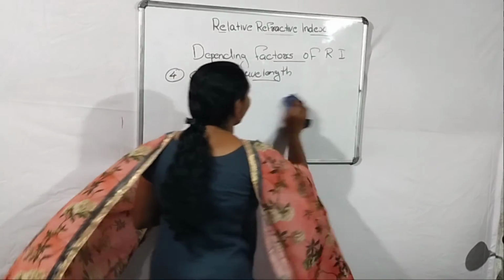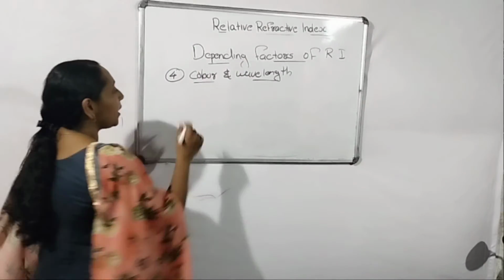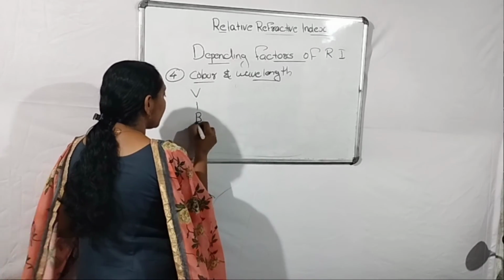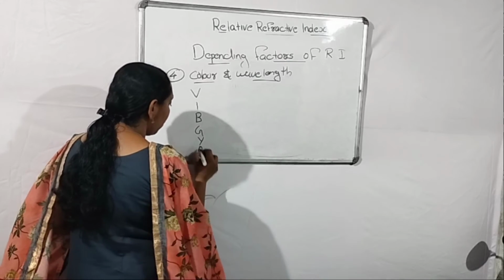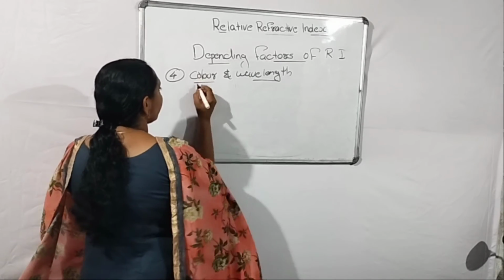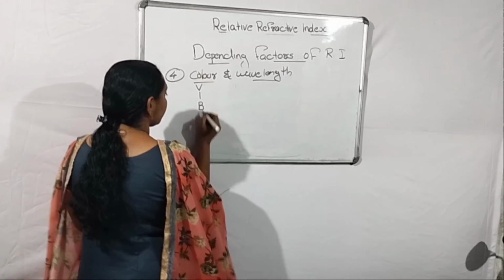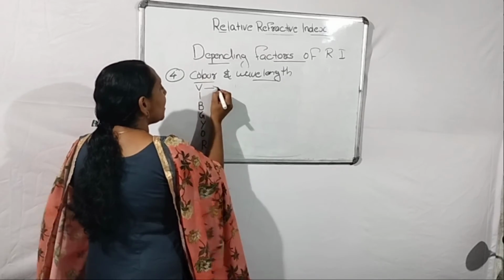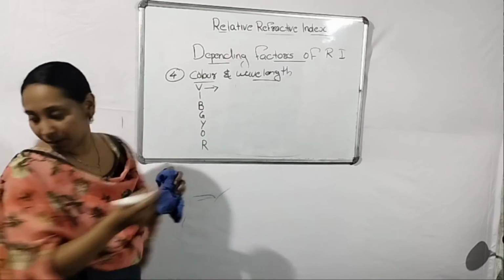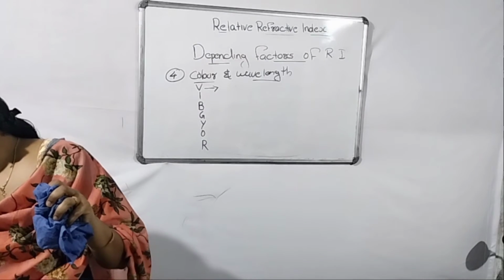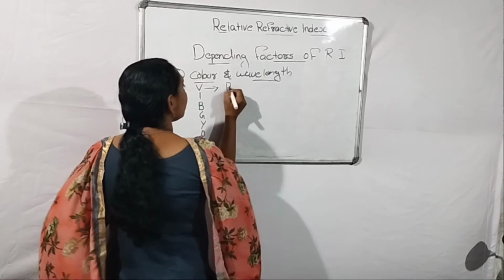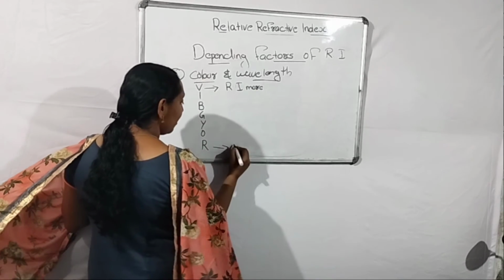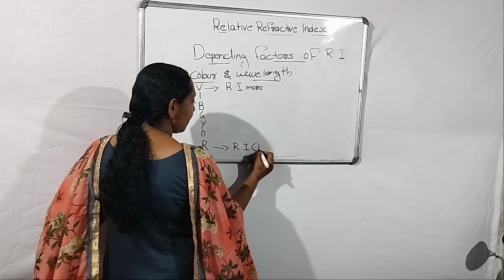In the case of wavelength, listen here, we already studied the arrangement based on wavelength, that is VIBGYOR. Violet has more refractive index, and red has less refractive index.